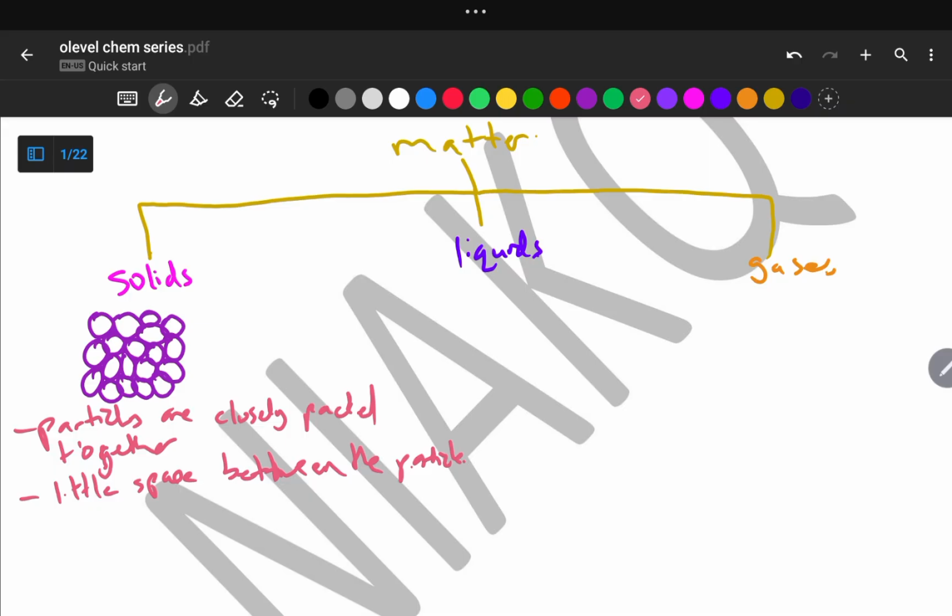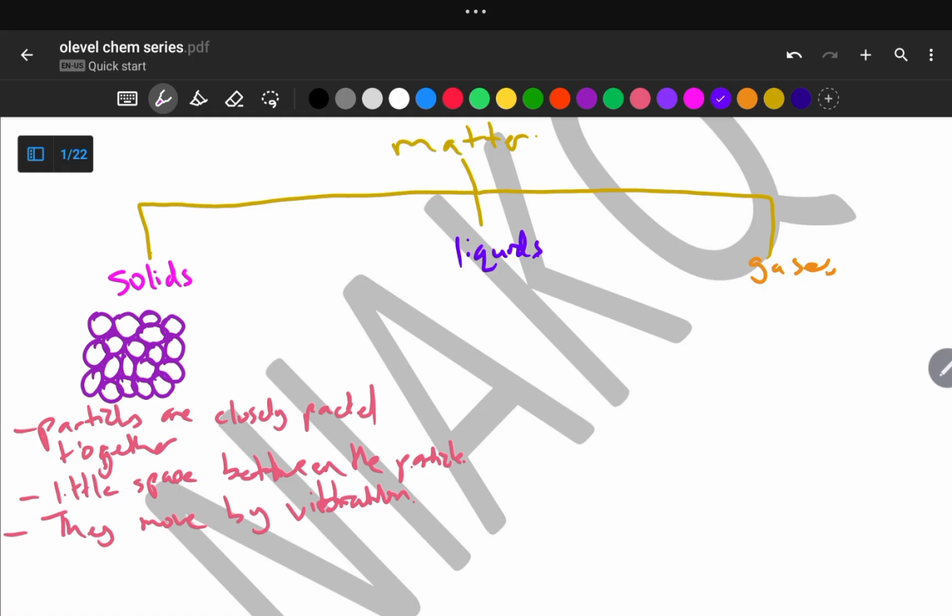Contrary to other publications which say they don't move, they do move, but they move by vibration. Vibration is defined as a movement in a fixed position.